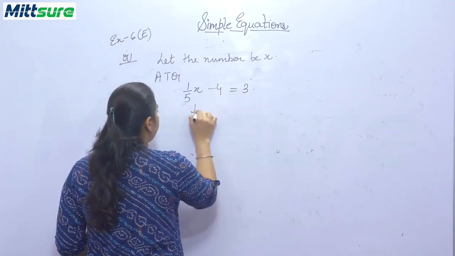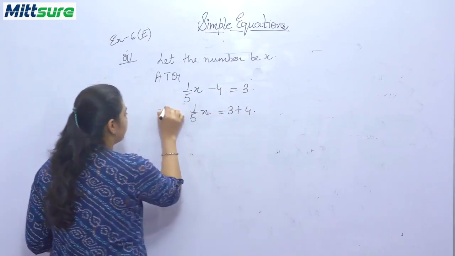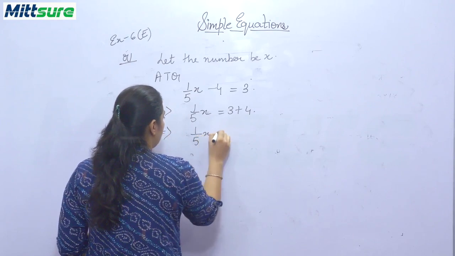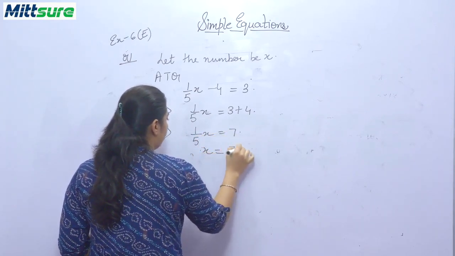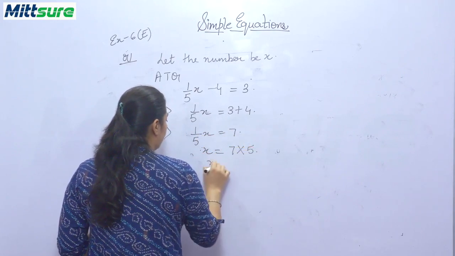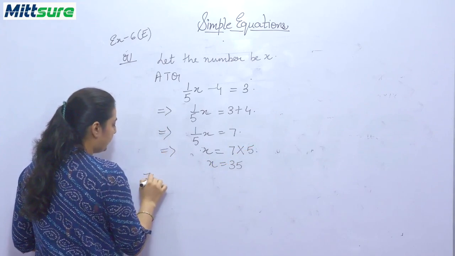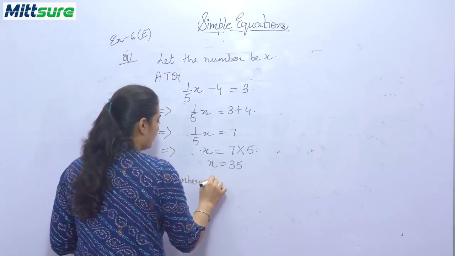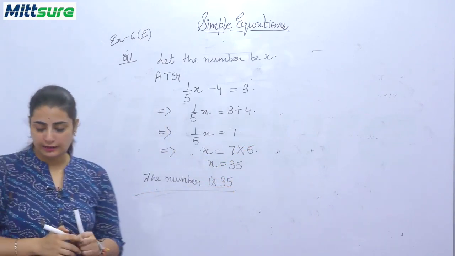So 1/5 x equals 3 plus 4, right? Then 1 upon 5 x equals 7. So x is equal to 7 multiplied by 5. So x is equal to 35. Therefore, the number is 35. So this is how we have calculated the number.